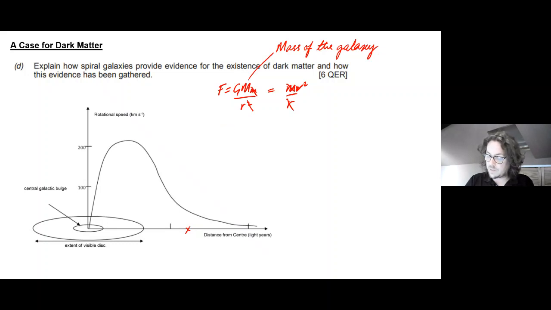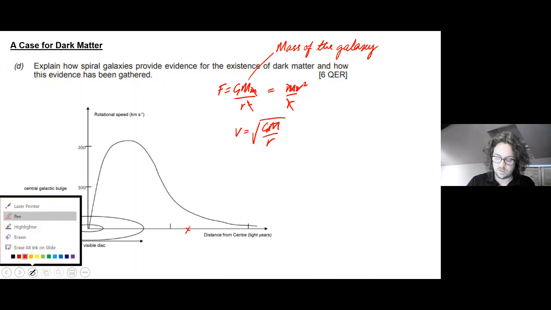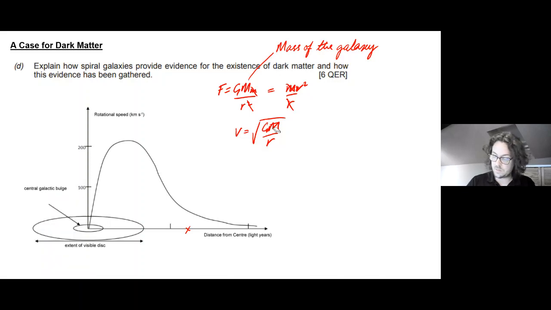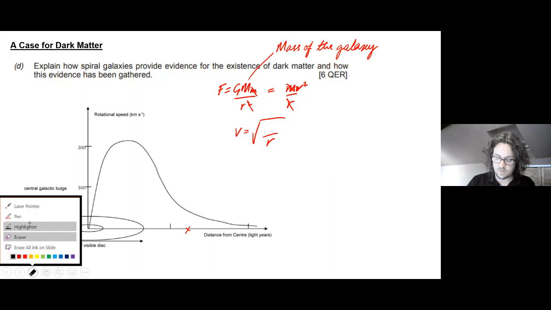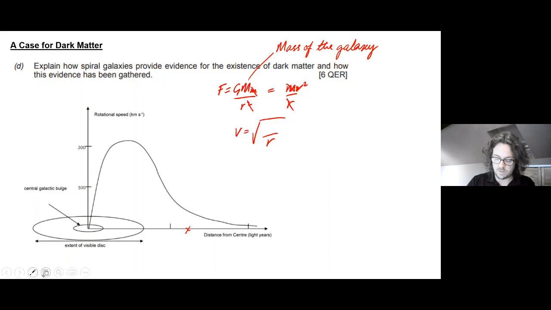If we then take one step further and rearrange this, we end up with v equal to the square root of GM over R. So v equals the square root of GM over R, all right.